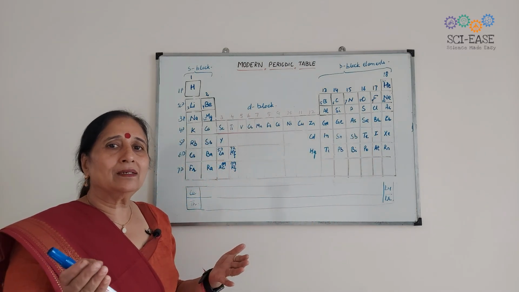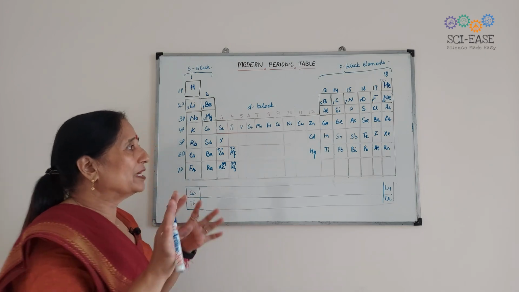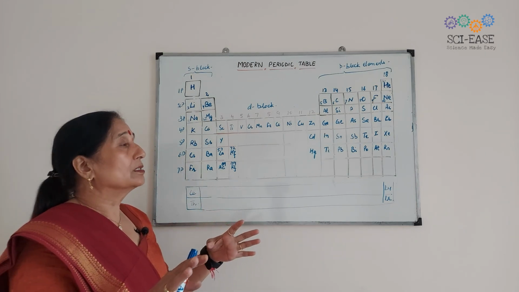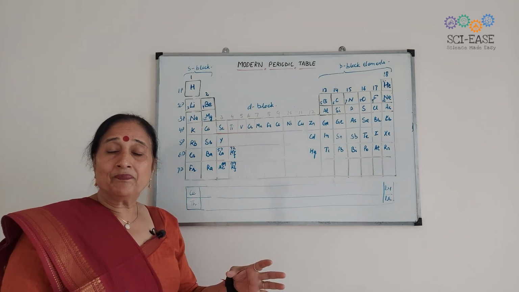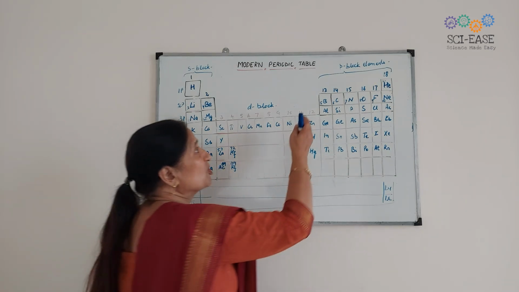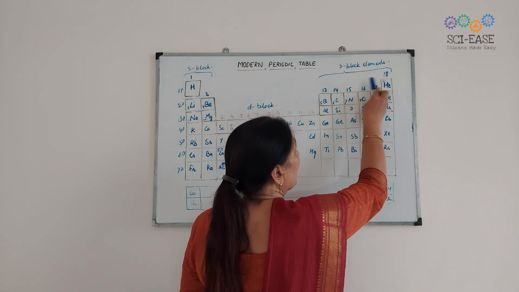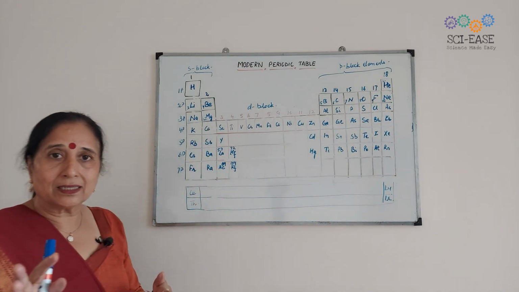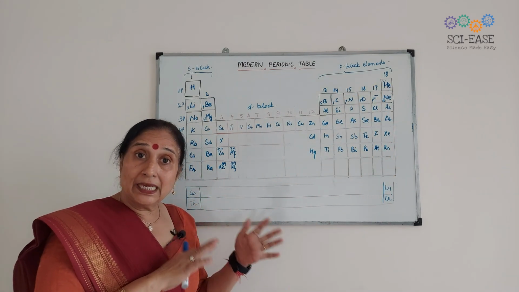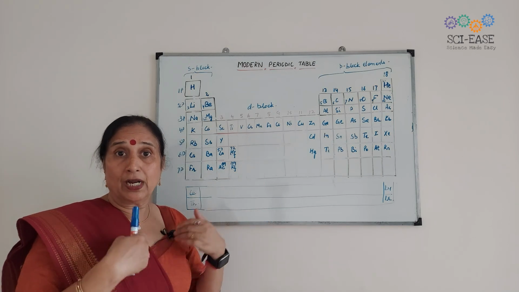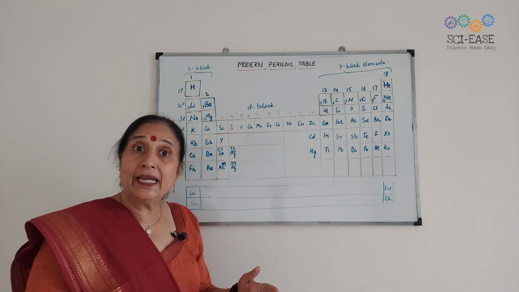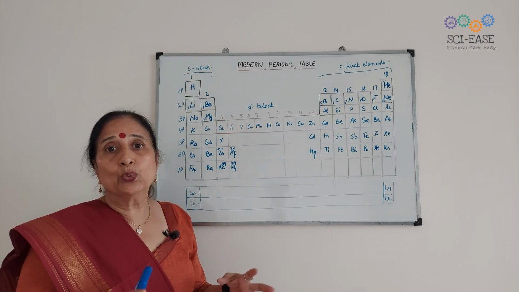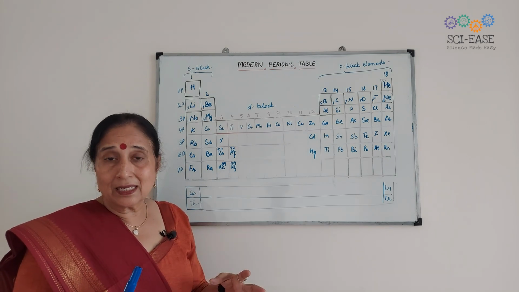This you will study in 11th class, but I am telling you something about the periodic table. Okay, the elements which are present towards this side are non-metals. Out of these, nowadays 118 elements have been discovered, and only 22 are non-metals, the remaining are metals.